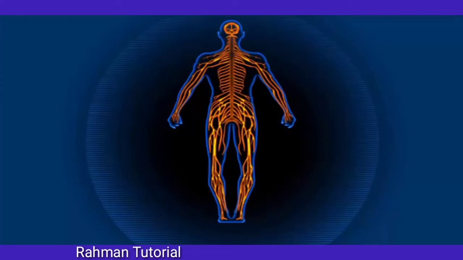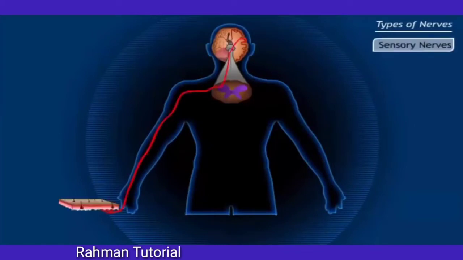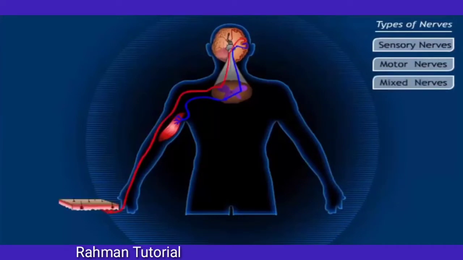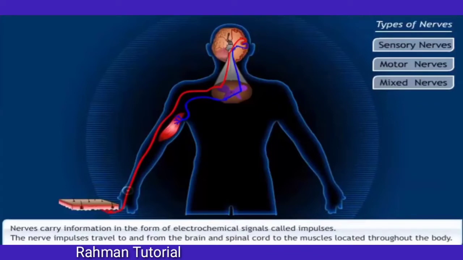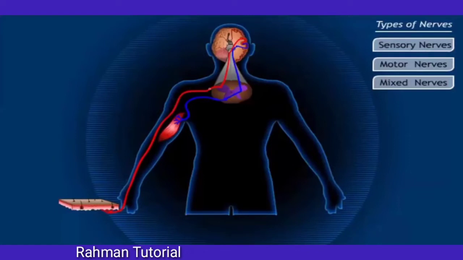Let's analyze the different types of nerves. There are three types of nerves: sensory nerves, motor nerves, and mixed nerves. These nerves carry information in the form of electrochemical signals called impulses. The nerve impulses travel to and from the brain and spinal cord to the muscles located throughout the body. Sensory nerves send messages from the sense organs to the brain or spinal cord.